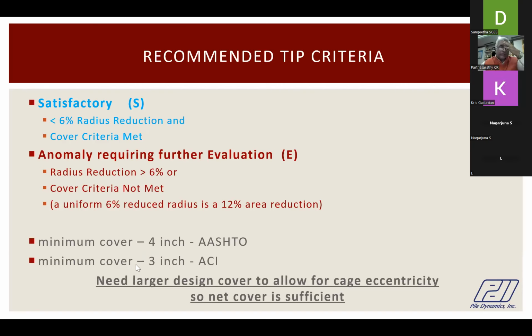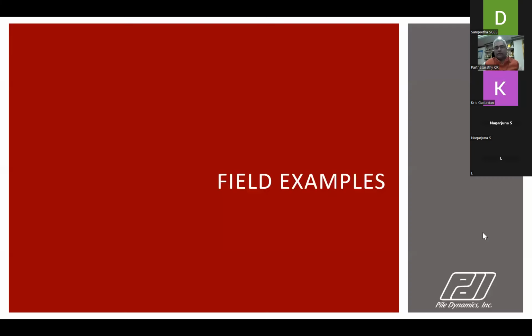And usually the cover is given by some guidelines. So if the tilt is anticipated, probably even after tilting, you may have to have a minimum cover and therefore the net cover is sufficient. So you allow a little larger cover for allowing the cage eccentricity if your construction process actually predicts that you may encounter some eccentricity. So let us look at some field examples.